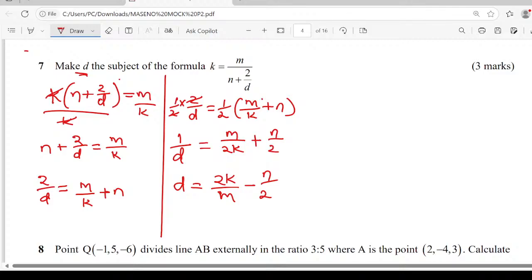Plus n over 2. That's what we are going to have as the subject of that formula.